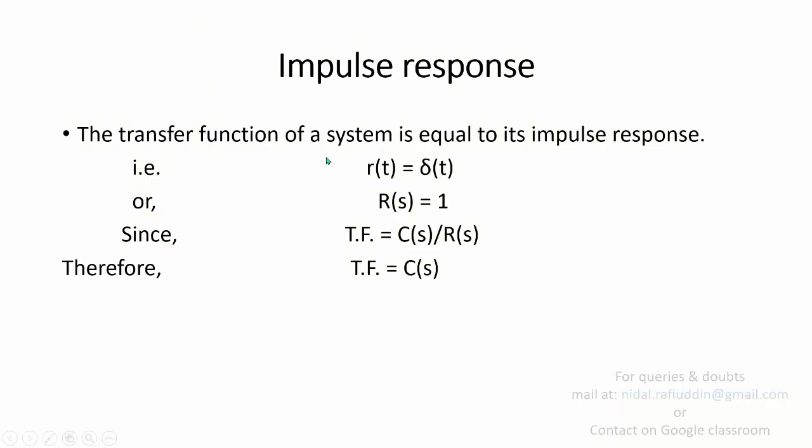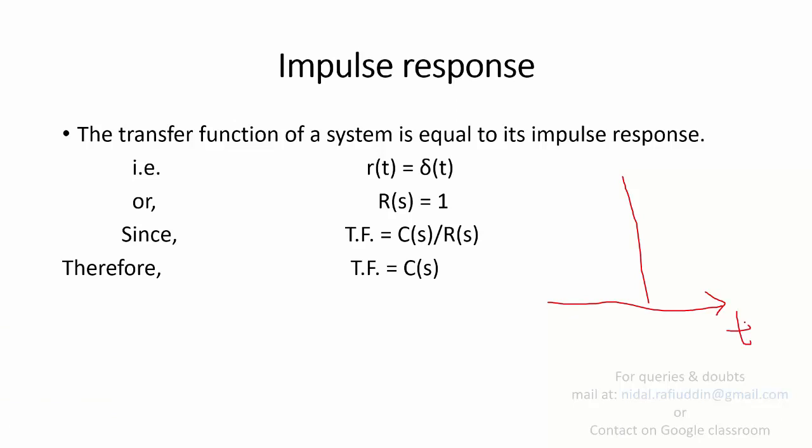The transfer function of any system is equal to its impulse response, where R(t) = delta(t) is the impulse input. We call this an impulse signal. You studied about impulse input. An ideal impulse looks something like this.